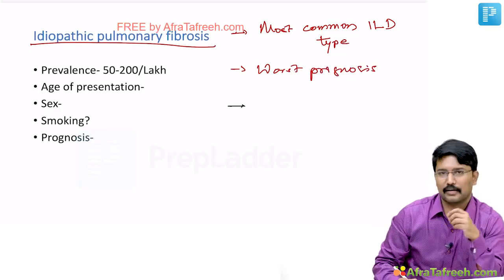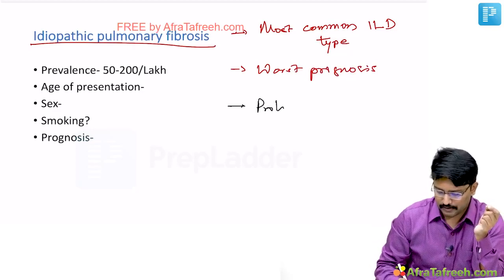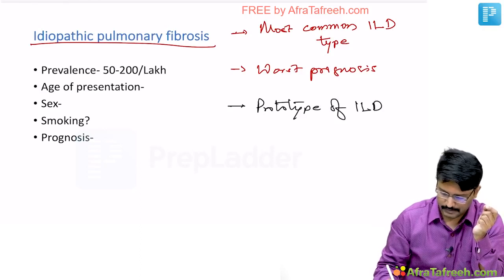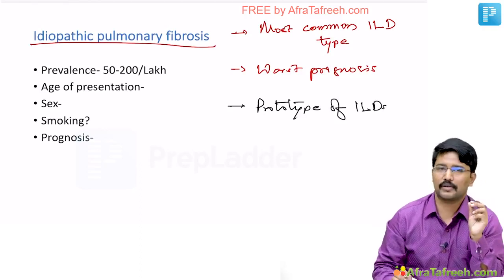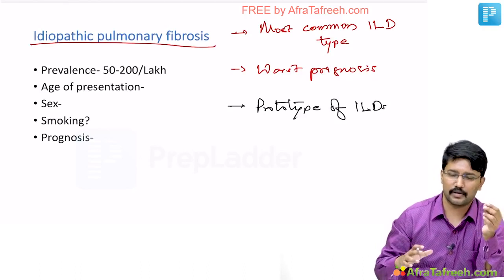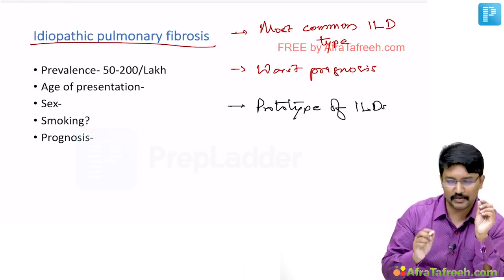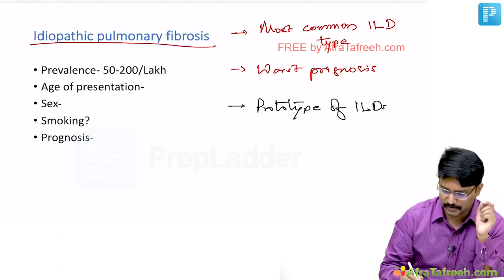And I call it a prototype of ILDs, since almost all histological and radiological findings that we encounter in most other ILD variants can be, not essentially must be, but can be seen in these patients.